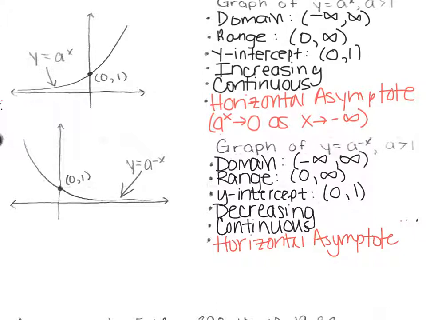Here, a to the negative x approaches 0 as x approaches infinity. So this becomes end behavior, and instead of with most polynomial functions, where they approach infinity or negative infinity, this is actually approaching a number. That's the difference here, and that's why we get horizontal asymptotes.